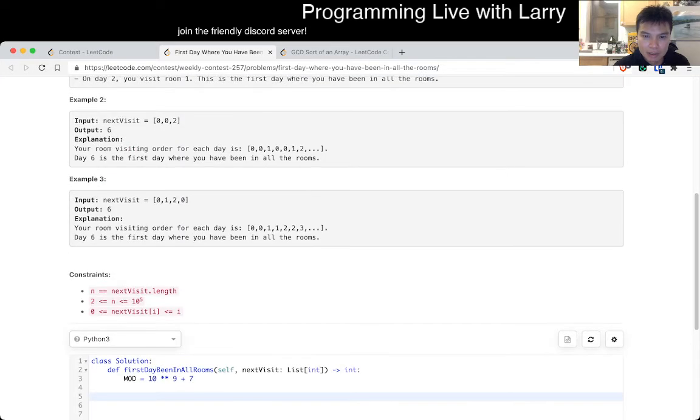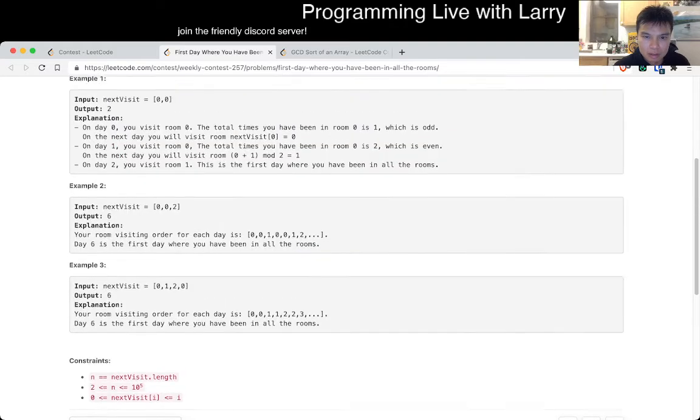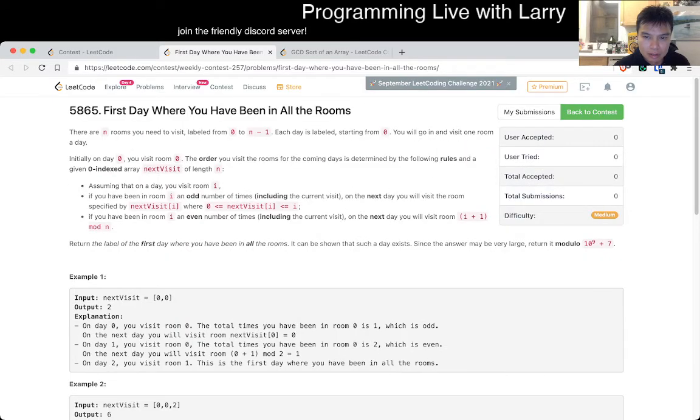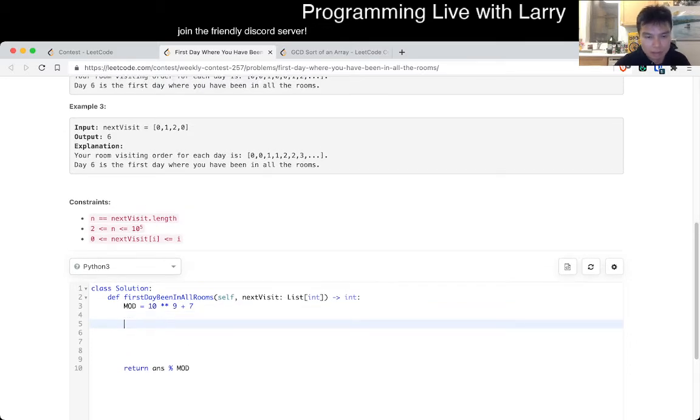I think this mod thing is a lie. You can only go to each room twice, so we just simulate it. Okay, so maybe this isn't so bad, but it's still terrible.